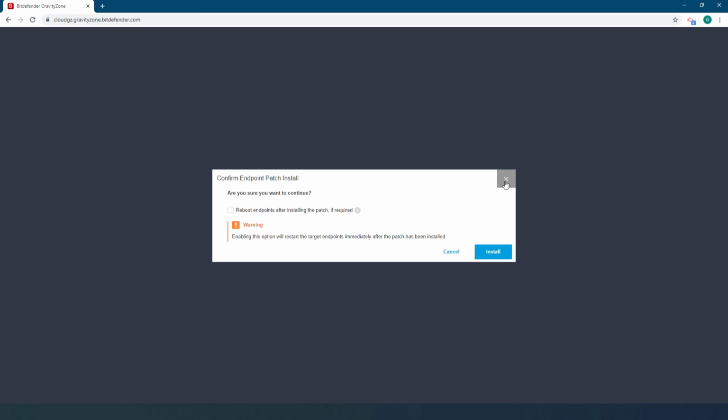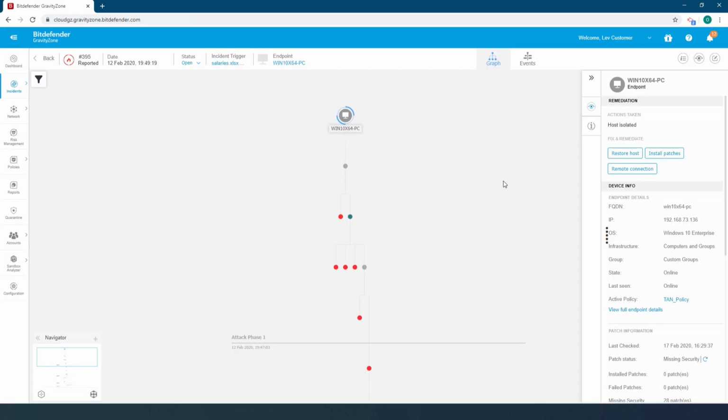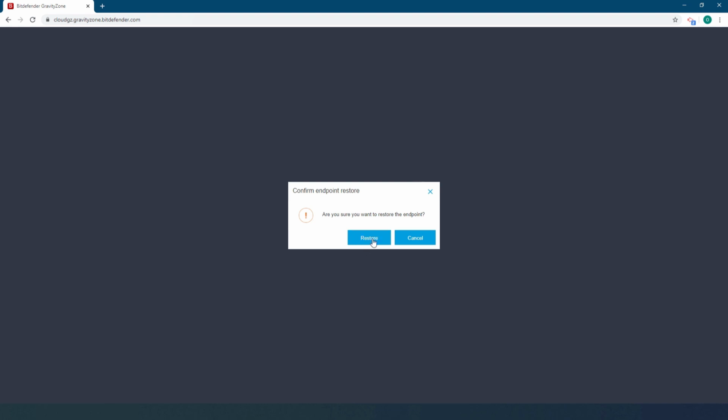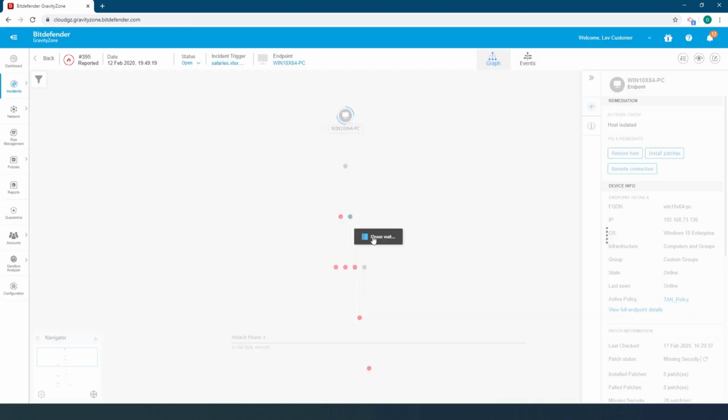Once all the steps have been taken, investigation, remediation, and hardening of the system, we can go ahead and restore the endpoint, which will allow it once more to communicate with all the other endpoints within the network.